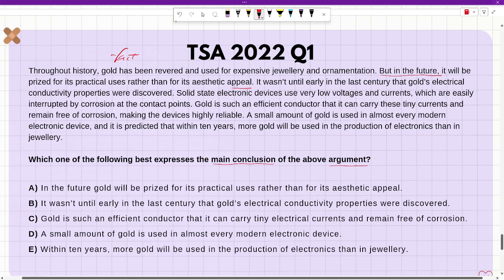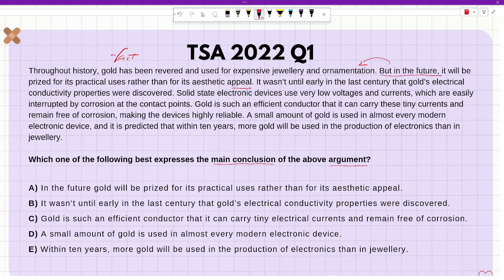Now this right here, you can obviously see that this is basically the opposite of this, right? Because throughout history, gold is just used for jewelry, and here on the opposite side, it's saying that it won't be just used for jewelry.